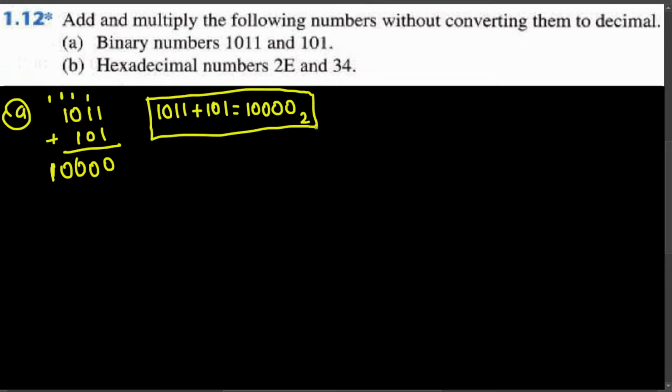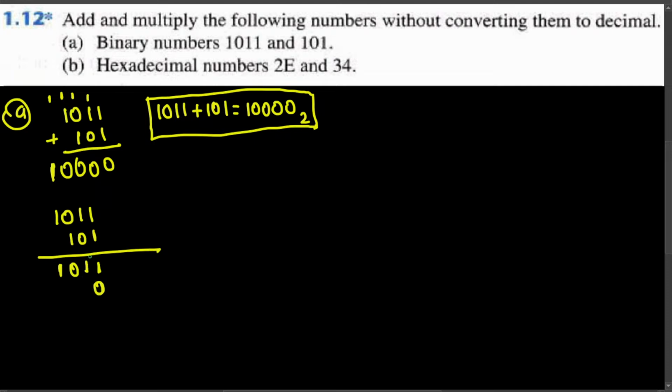Now the next thing is we have to do the multiplication of these two numbers. So 1011 and 101. If I take the first number and multiply, 1 times 1 is 1, 1 times 1 is 1, 1 times 0 is 0, and 1 times 1 is 1. Before I multiply by the second number, I have to add a 0 in front of it.